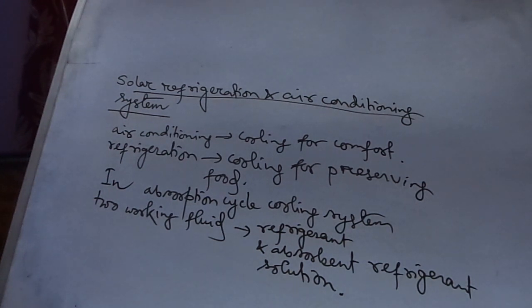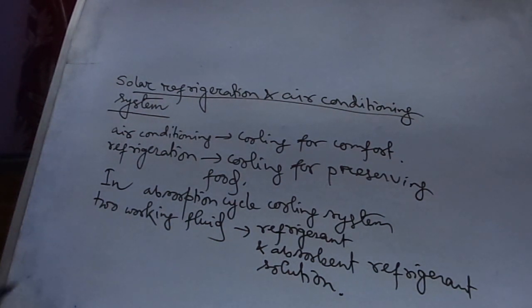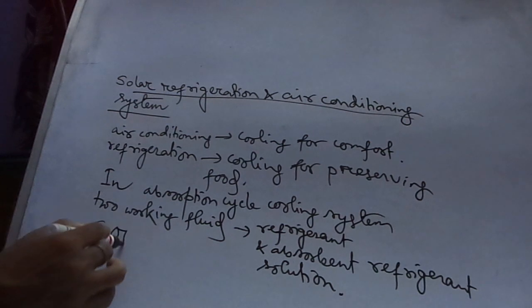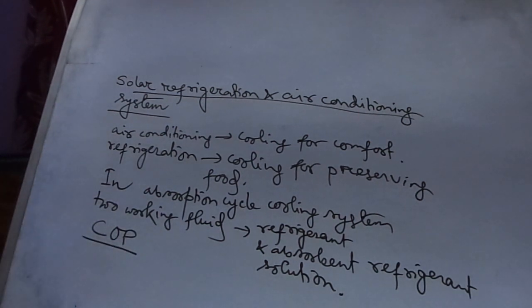Okay. The performance of the cooling cycle is the COP, coefficient of performance, which is defined as the ratio of the amount of cooling produced to the energy input.